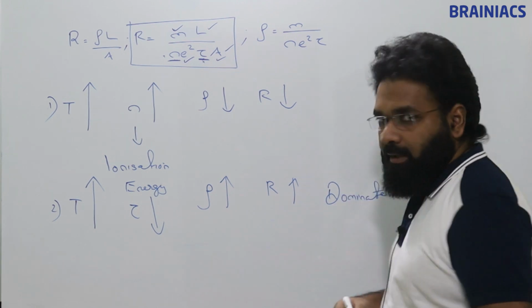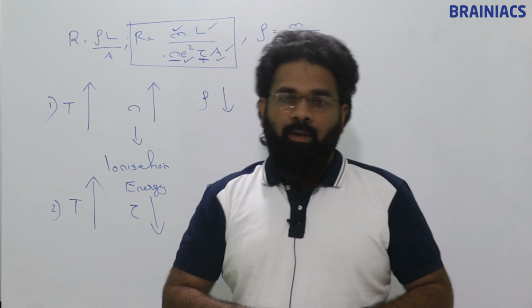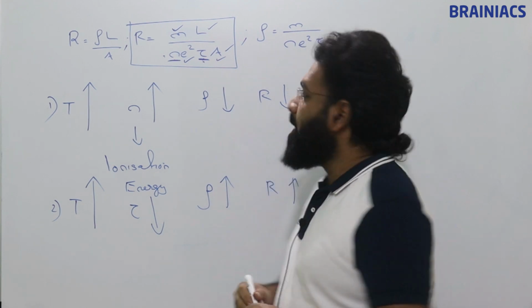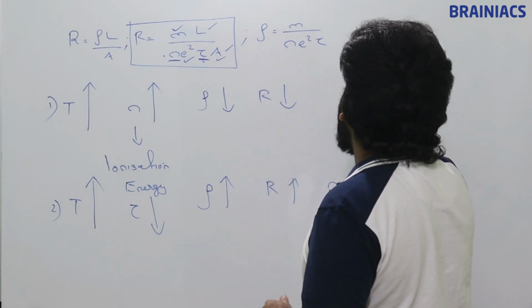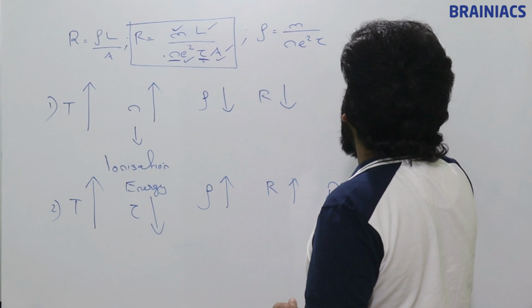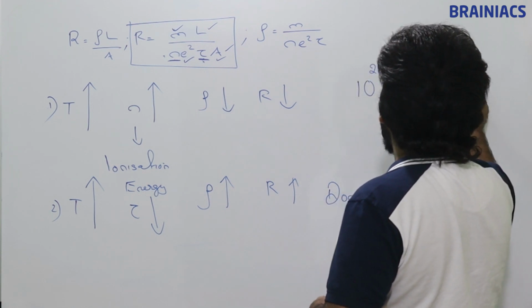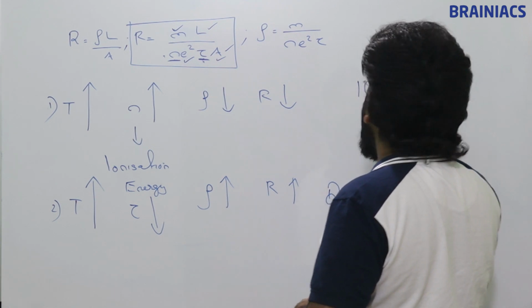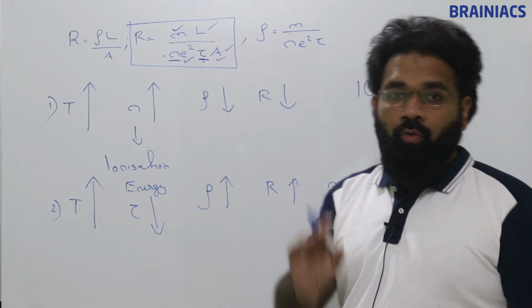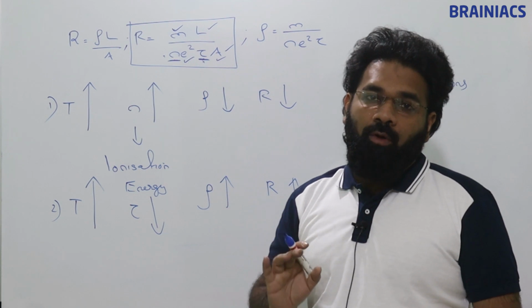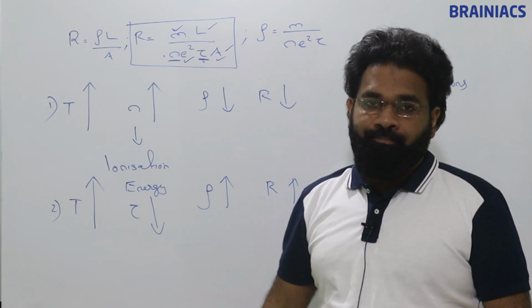This will dominate. Why? Because already there are around 10 raised to 29 free electrons in a unit volume, or we can say cubic meter.